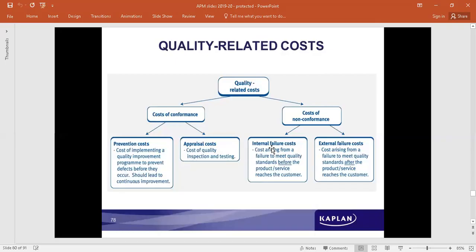So to ensure that the reputation is not affected, they then provide some services to the customers, free of cost. So the cost of providing these services of repairing, maintenance, etc., would come under external failure cost. So these areas we would have to talk about.